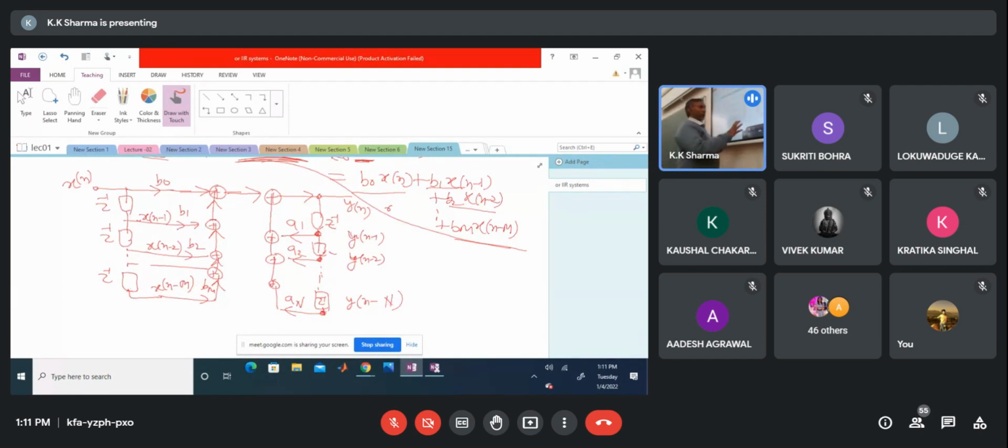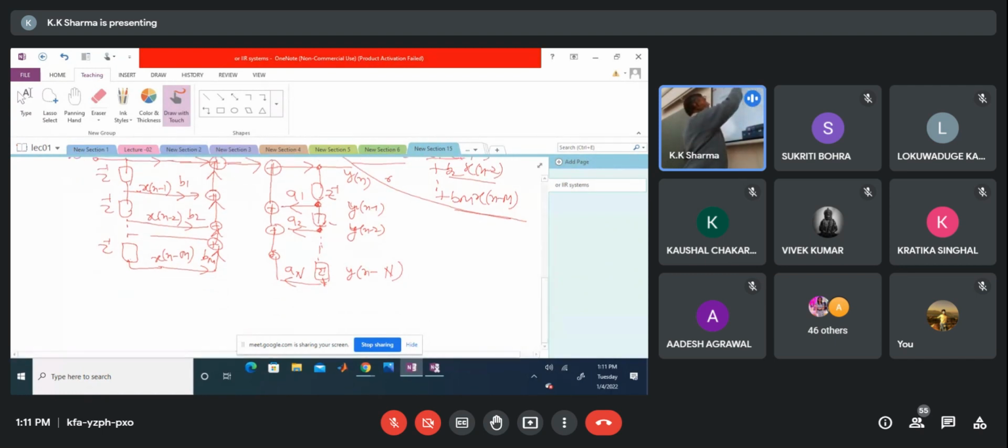Now, one modification of this direct form structure can be done: this entire portion can be shifted to the input side, because this portion is implementing your denominator, and this portion is implementing the FIR numerator polynomial.